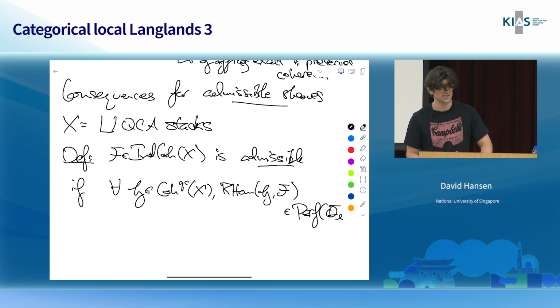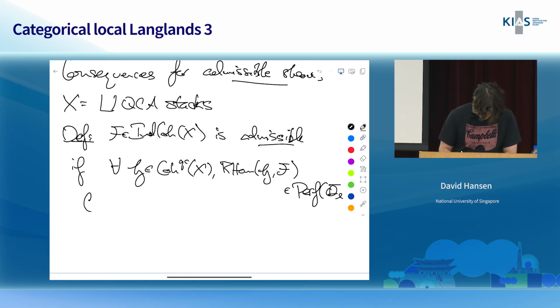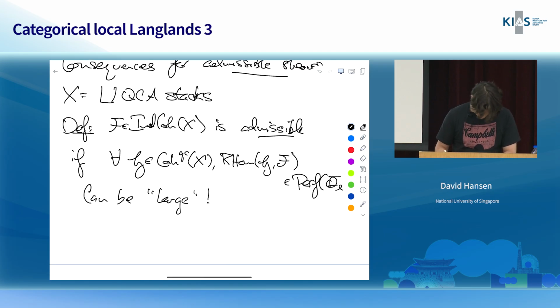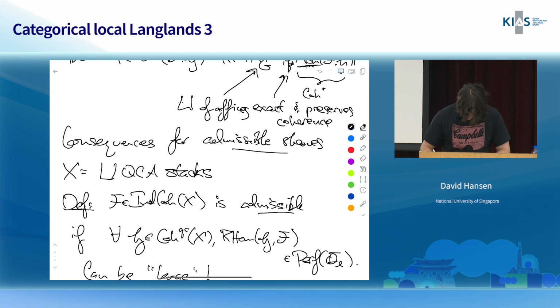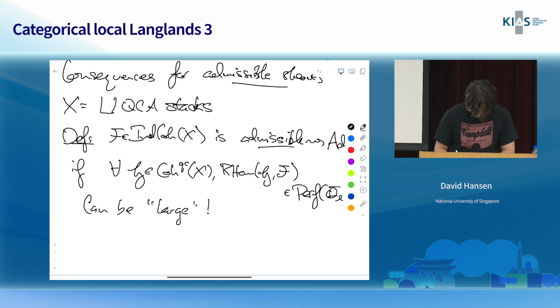So if X is the classifying stack of some reductive group G, I invite you to convince yourself that the regular representation of G, so the coordinate ring, regarded as a G representation, that's admissible. It's certainly not coherent. Okay? So these can be large. In some sense. And of course, we have some notation for this. So I'll notate this Adm of X. So this comes with a duality.